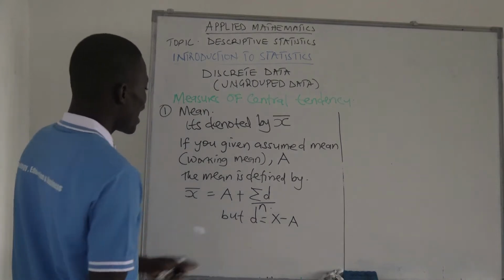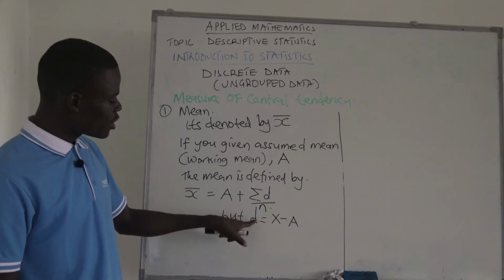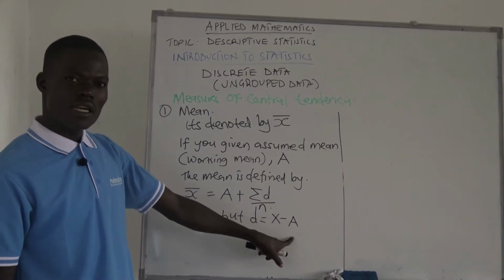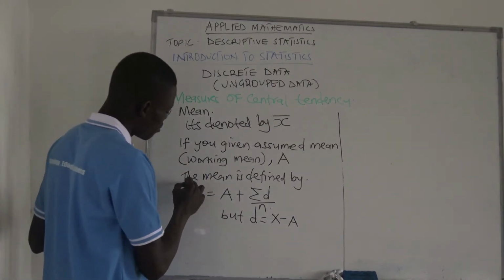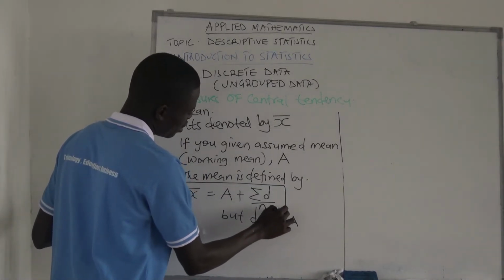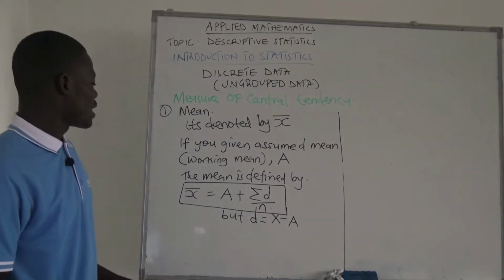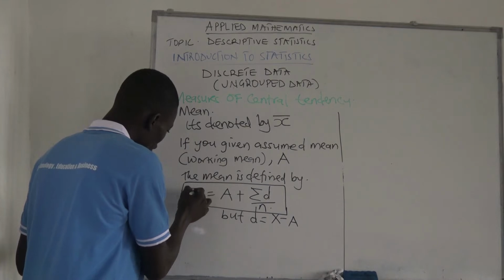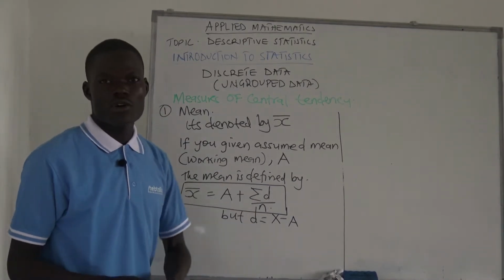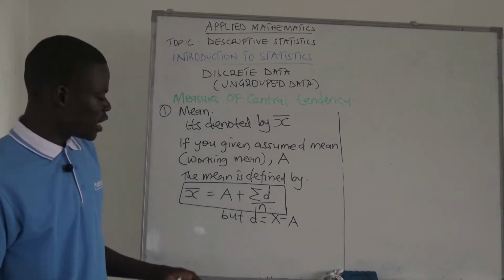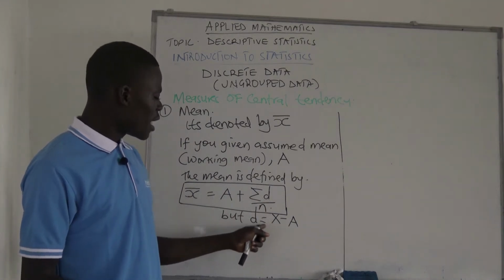Where x is the variable and A is the assumed mean, this deviation is defined by x minus A, and then our mean is given by assumed mean plus summation of d out of n.